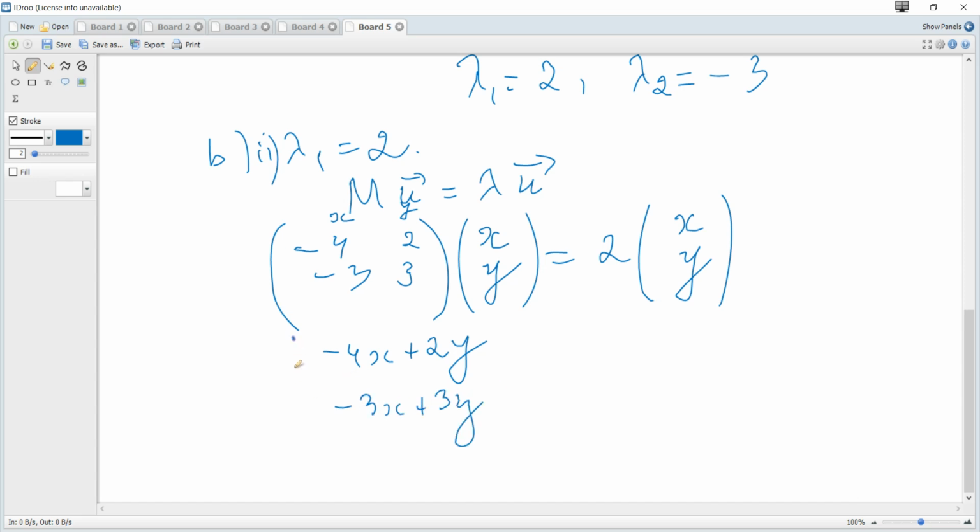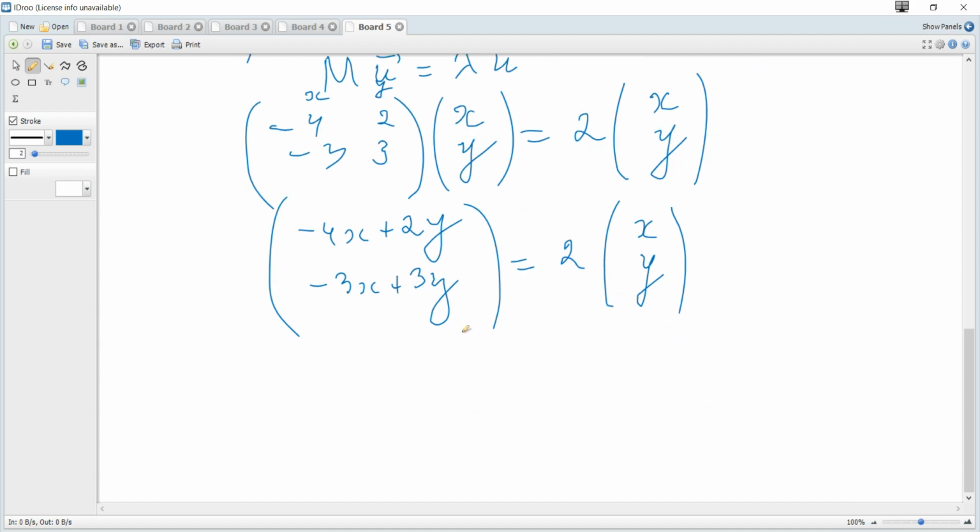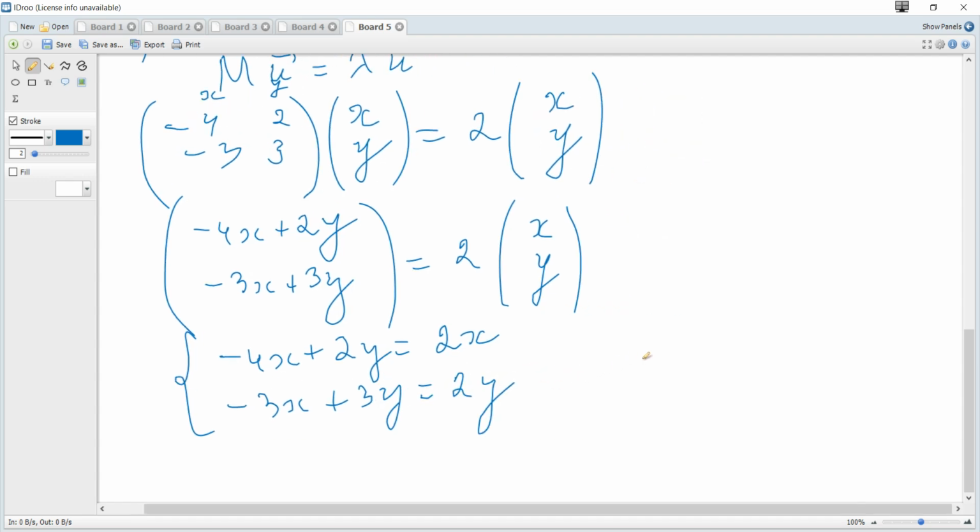We get a 2 by 1 matrix, and it is equal to 2(x, y), and then just equate rows. It becomes -4x plus 2y is 2x, and -3x plus 3y is 2y. And from the first, 2y is 6x, y is 3x.